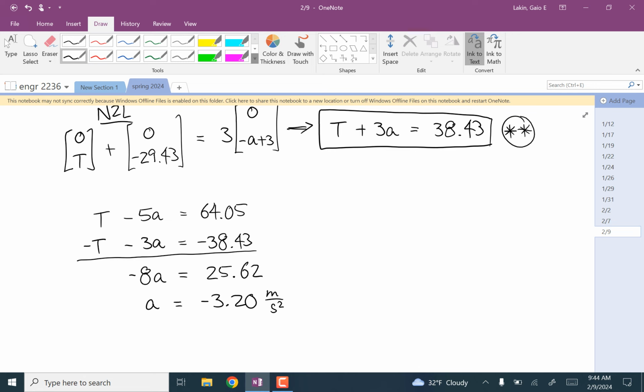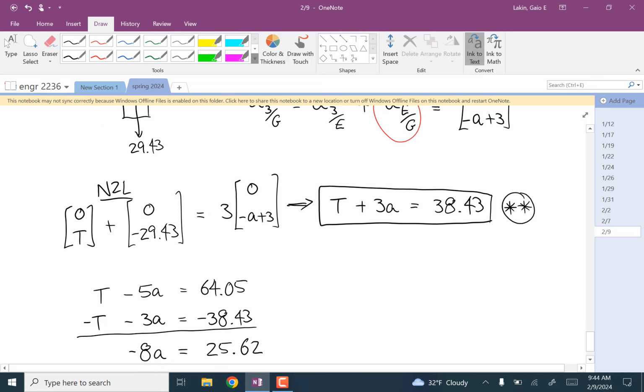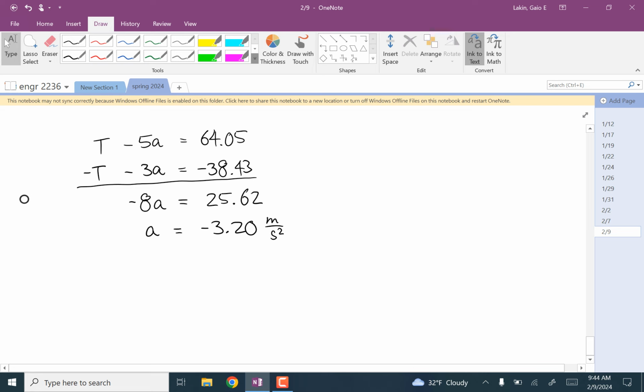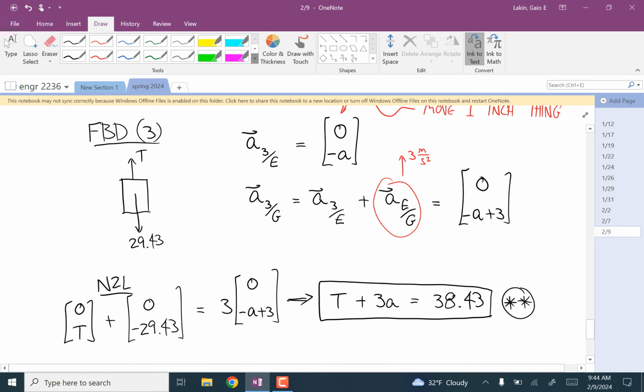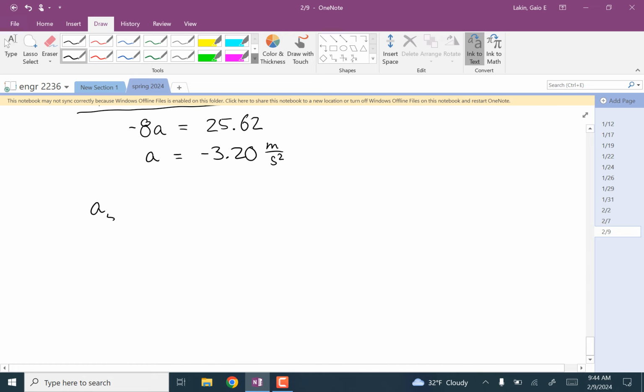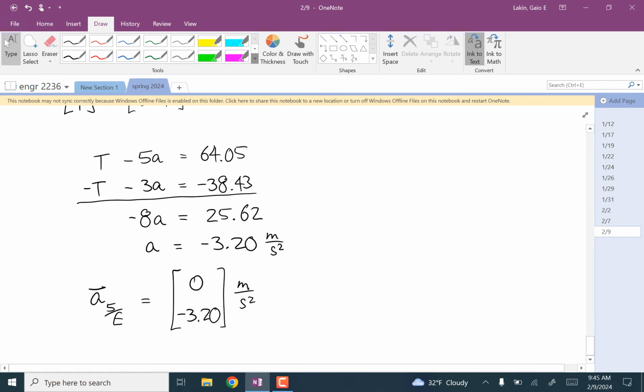Okay, so now how do you want to report this acceleration vector? The acceleration of the 5 relative to the elevator is just going to be 0, negative 3.20. Yep, that is 64.05 minus 38.43.